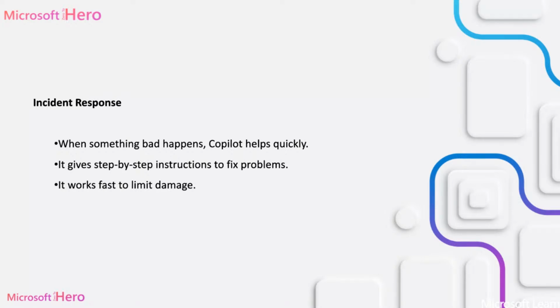This way, you don't have to guess or waste time figuring things out. The faster you respond to a security incident, the less damage can happen. That's where Copilot is so useful. It helps contain the problem quickly, making sure it doesn't get worse.